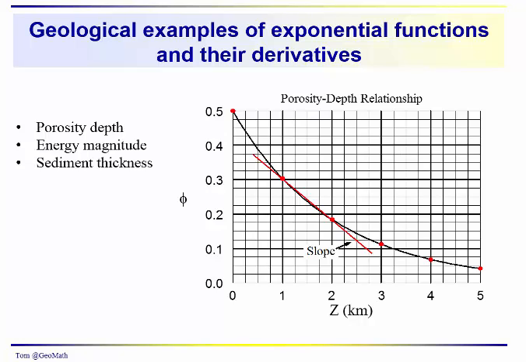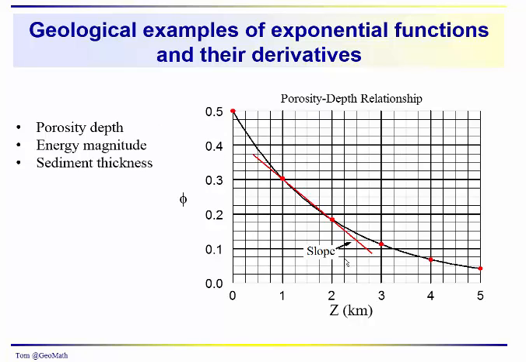Well, we actually aren't going to talk about rules in this video. We're going to spend some time applying them, and we'll have to use some of them, and we're going to apply them to some geological examples. And one of the first examples, we've already talked about this porosity-depth relationship.